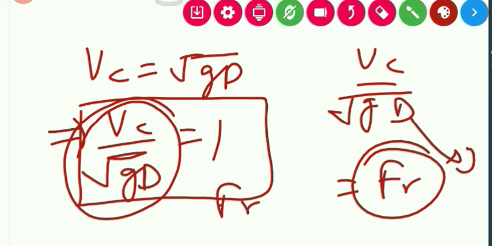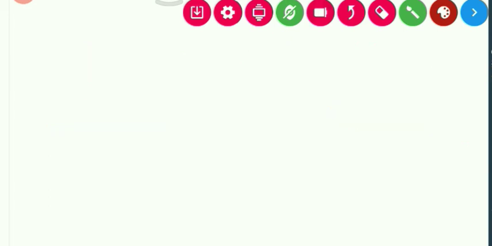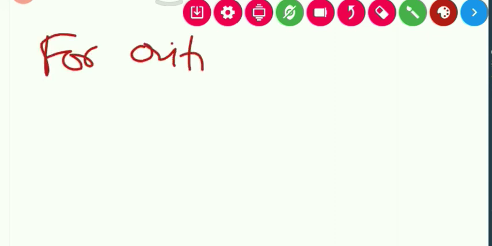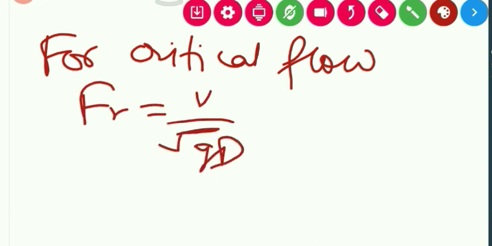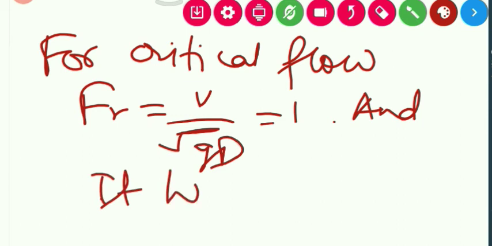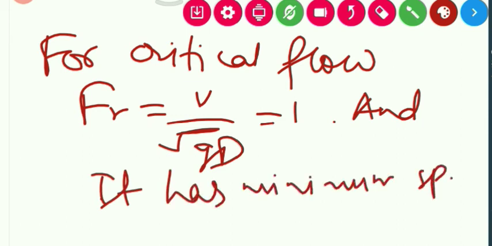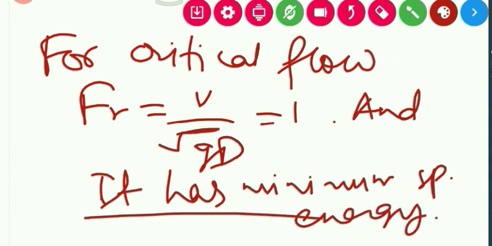So Froude number equal to 1 means, the conclusion is, for critical flow, Froude number equal to V by under root gd equal to 1, and it has minimum specific energy. So this was the condition for minimum specific energy.